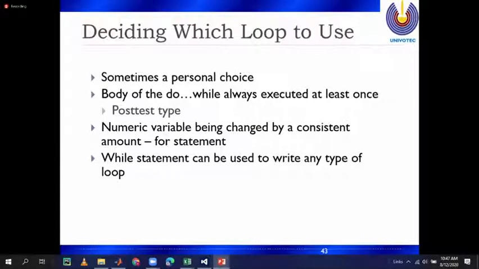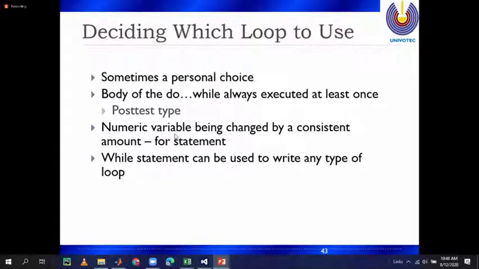The while statement can be used to write any type of loop. While loop, you can use anywhere. It can write any type of loop. Depending on the situation, sometimes it's a personal choice. But if the group of code must execute at least one time, then you must use the do while loop.